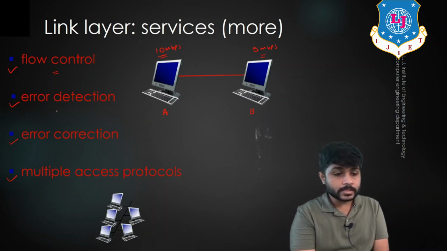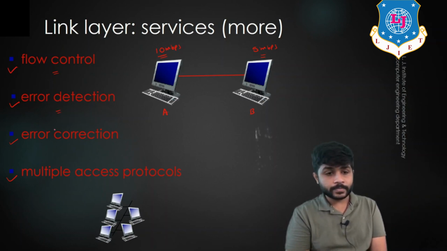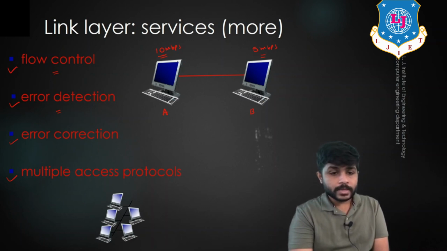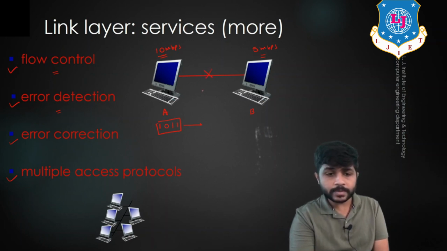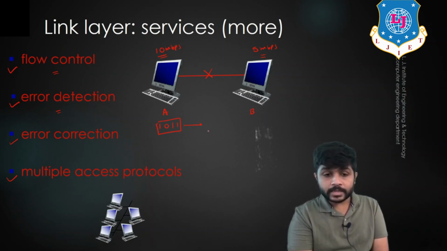The next one is error detection. Suppose A is sending data which is 1011, and 1011 is sent to B. Because there is some noise present in the link, the data sent by A is changed from 1011 to 1010.